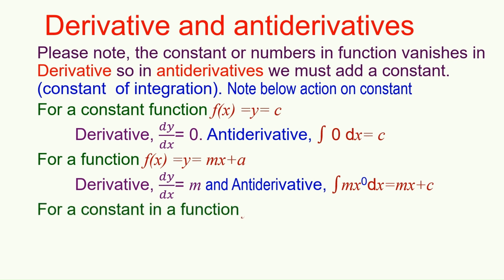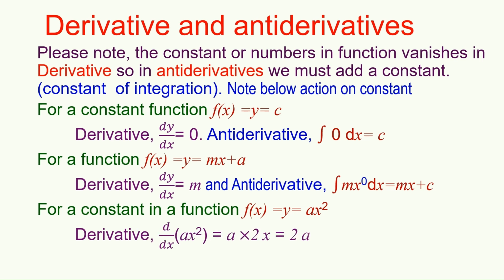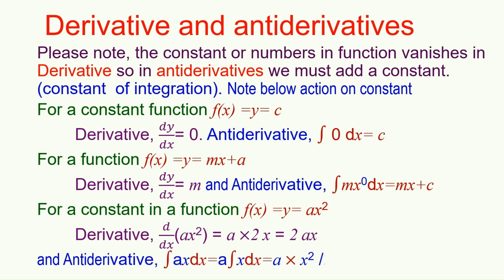For a constant in a function f(x) equals y equals ax squared, the derivative dy/dx equals a times 2x equals 2ax, and the antiderivative, indefinite integral of ax dx equals a indefinite integral of x dx equals a times x squared divided by 2, plus c.